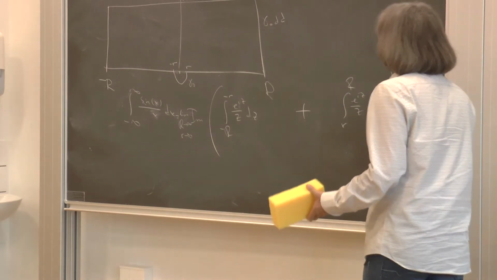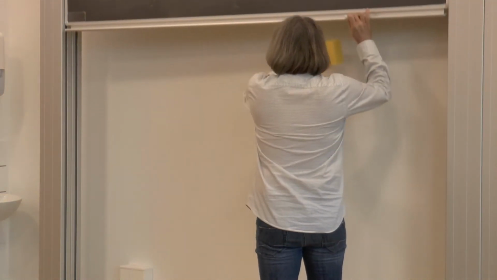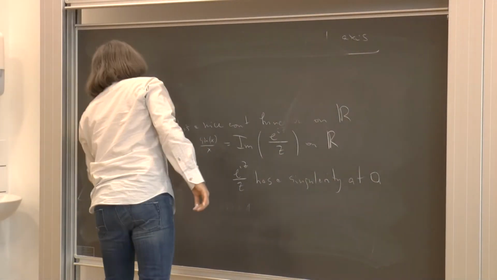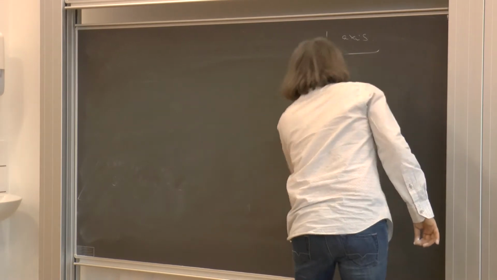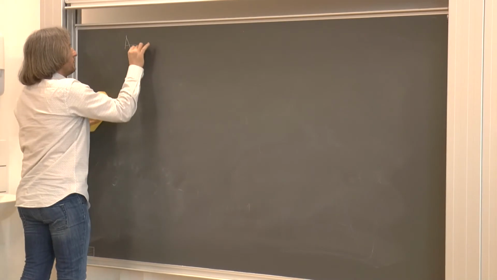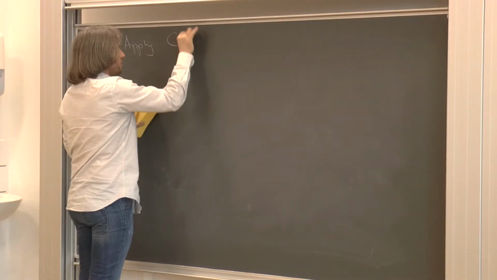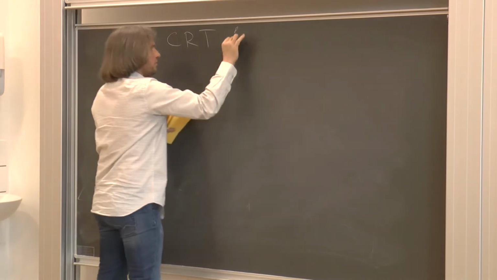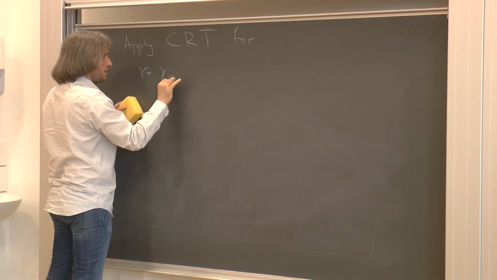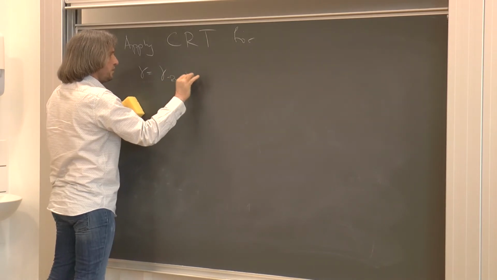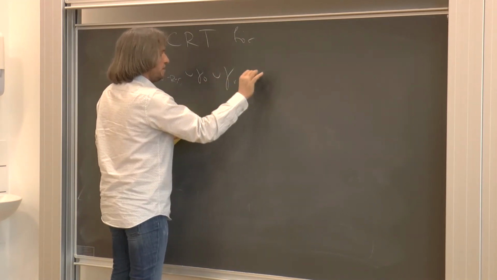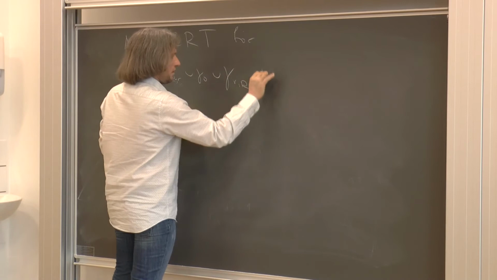Yeah, and to apply the Cauchy residue theorem, we need to compute the whole integral. Cauchy residue theorem for gamma, which is, so to say, gamma minus R, union gamma 0, union gamma R, union gamma n.